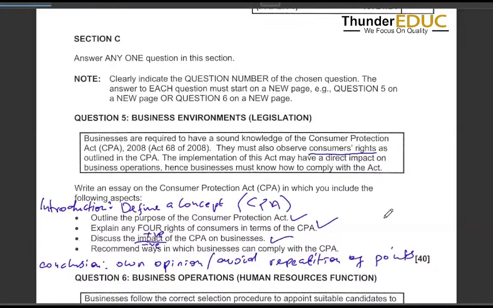So now, if consumers are always protected at the marketplace, it means that they are going to be willing to come to your business to buy on a daily basis. They can even go out there and market your business because of the way you care for them.